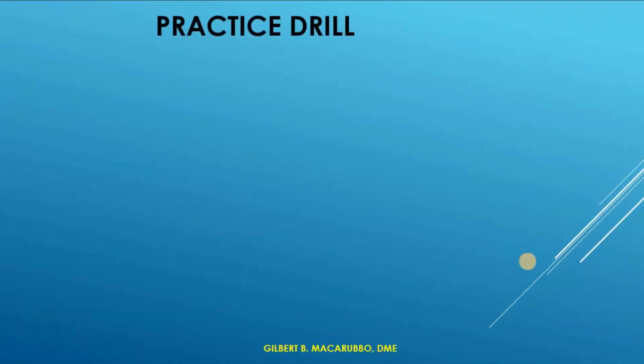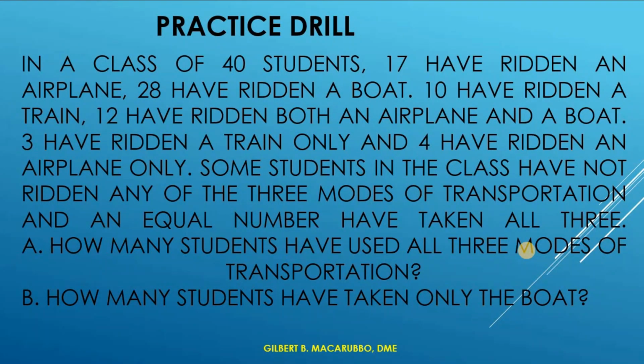So next, we have a practice drill. In a class of 40 students, 17 have ridden an airplane. 28 have ridden a boat. 10 have ridden a train. 12 have ridden both an airplane and a boat. 3 have ridden a train, and only 4 have ridden an airplane only.